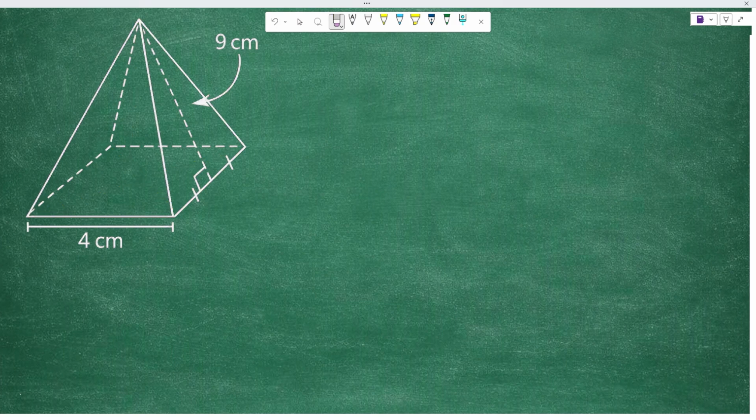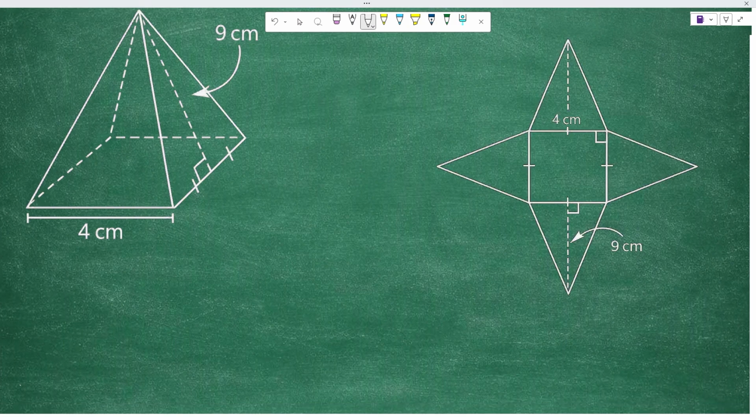Now, surface area is just the total space on the outside of a shape. Imagine you wanted to wrap this entire pyramid in wrapping paper without any overlaps. How much paper do you need? The absolute best way to figure this out is to unfold the 3D shape into a flat 2D shape, which we call a net.